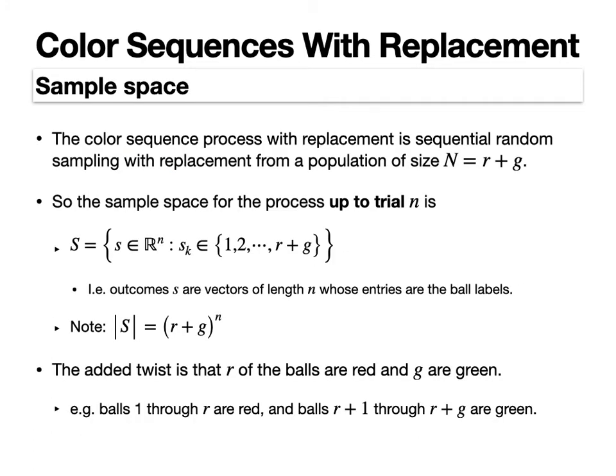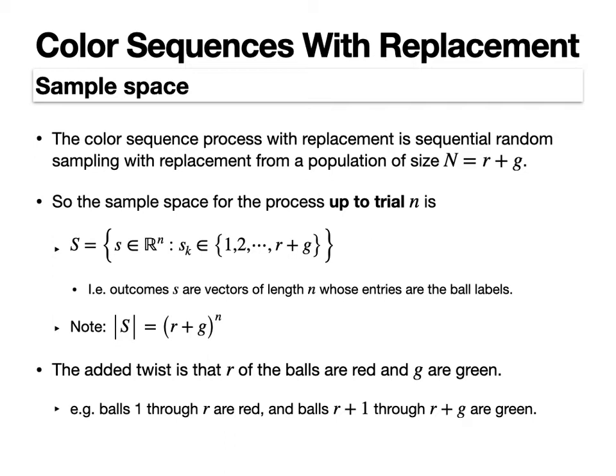So let's begin thinking about this process in terms of basic concepts like what's the sample space and so on. The thing to remember is that the color sequence process is basically a process we've already studied, sampling sequentially and with replacement. It's just got this added twist that some of the balls are red and the rest are green.